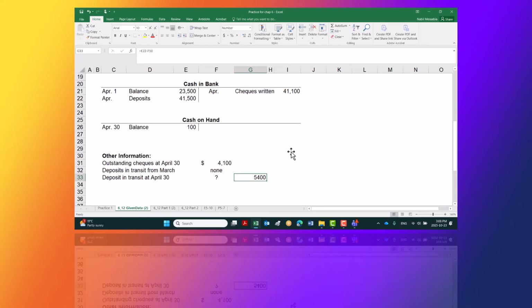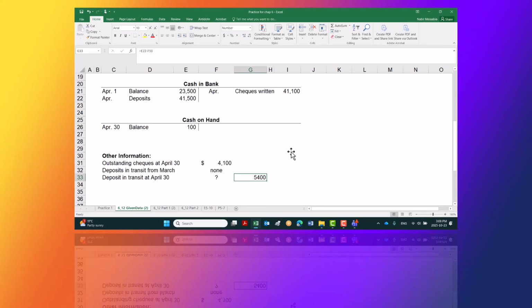The checks come from our customers, and we deposit the checks to our bank, but the bank did not yet record those checks. So the amount is not yet added to our bank balance, because the deposit happens maybe the last day of the month.